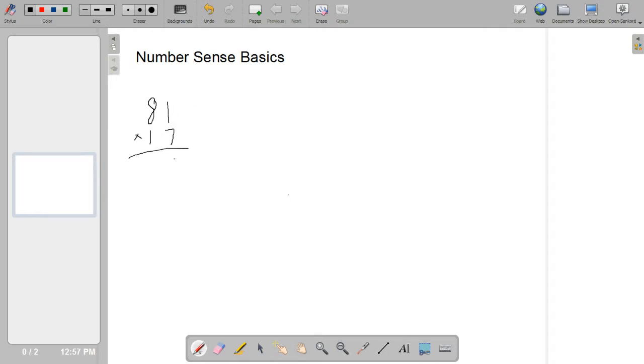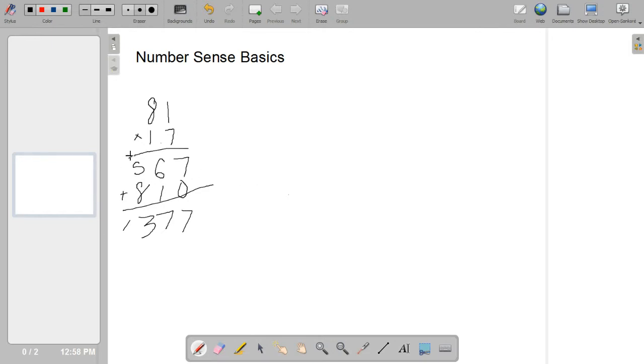So 1 times 7, 7, 8 times 7, 56. And then do that for the tens place, so 81 times 1, but you carry a 0, since they're one digit ahead. Okay, so this would be 810. And now you just add them up, 567 and 810, 1377.